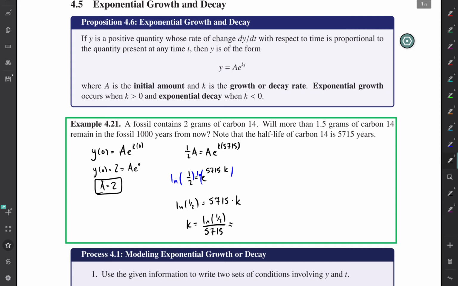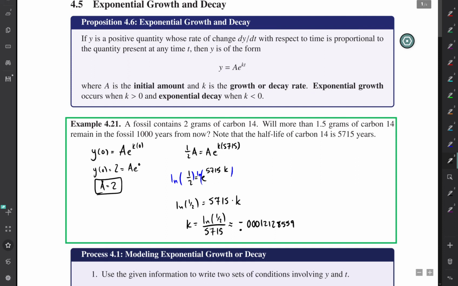This is about negative 0.0012285596. That's more than enough decimal places, but that's our constant k, or rate of decay.